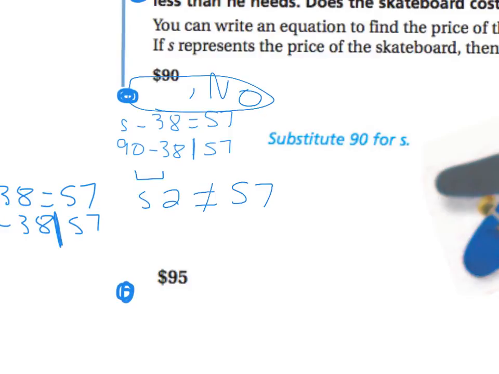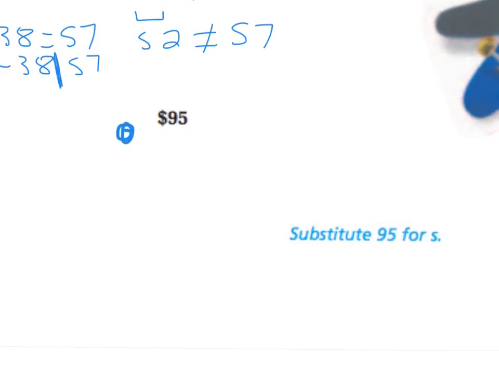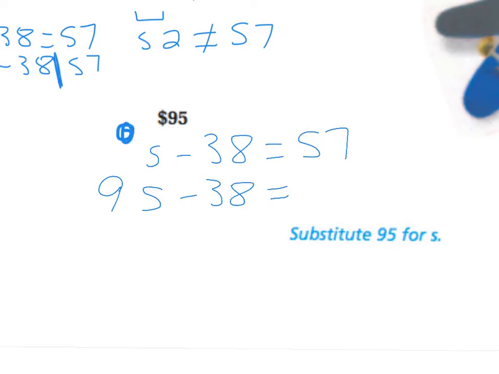Then I'm going to look down here at 95, and I'm going to do the same thing. Instead of S minus 38 is equal to 57, I want to try 95. So I'm going to do 95 minus 38 and see if that will give me 57. I'm going to put my line down because whatever I get on one side I need to have on the other.